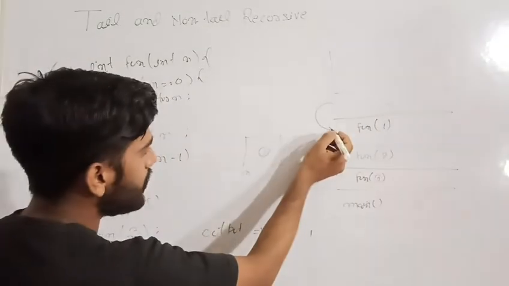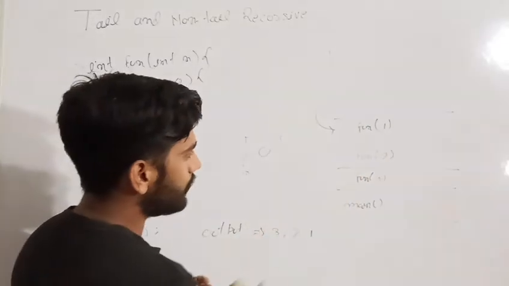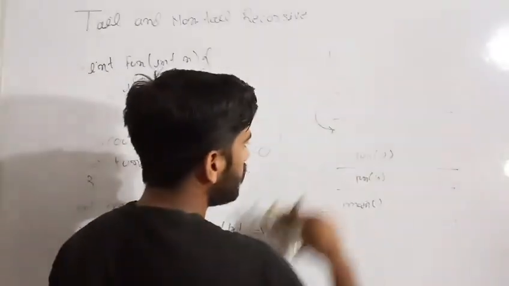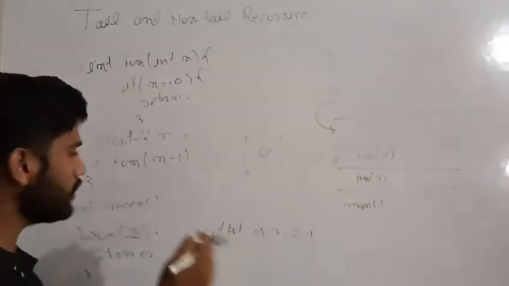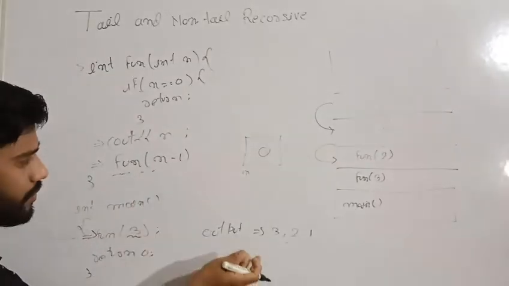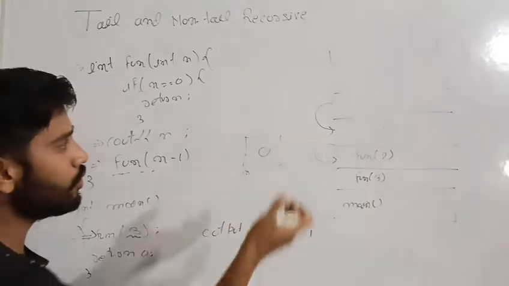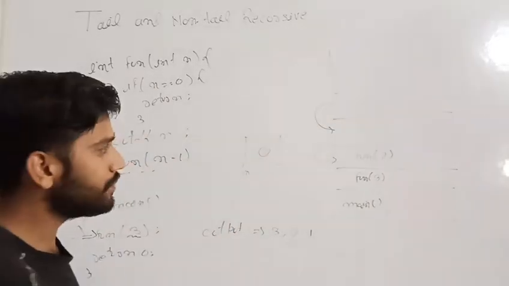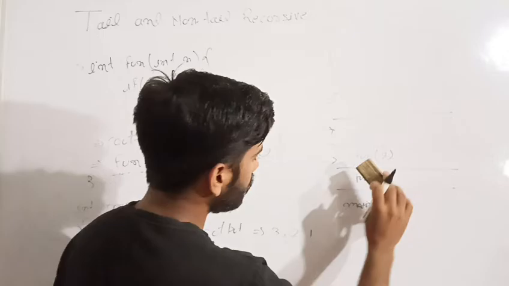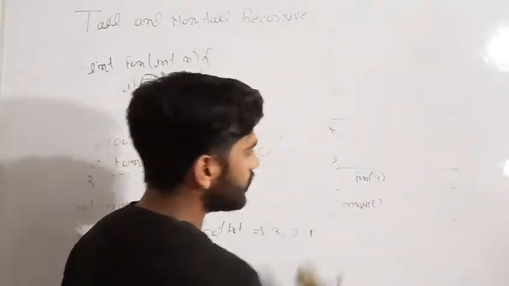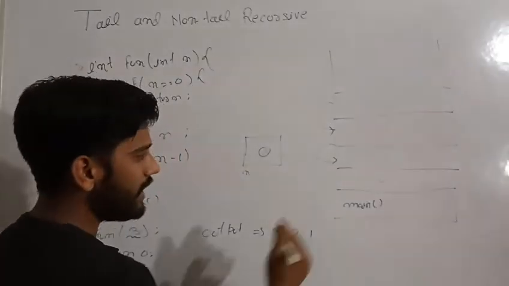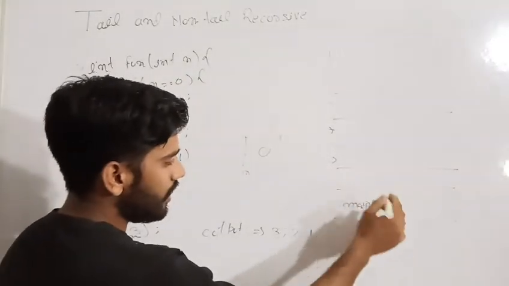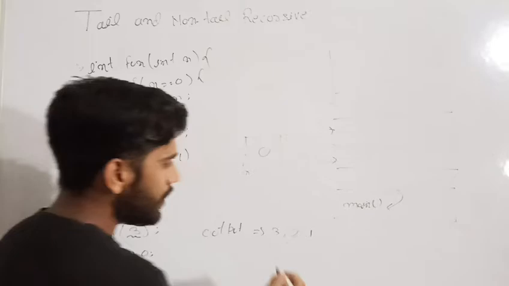Now again it will return and be popped out, and the controller will come here. There is no statement after this to maintain. Again function 2 will be popped out, function 3 will be popped out, and the controller will come to the main function.